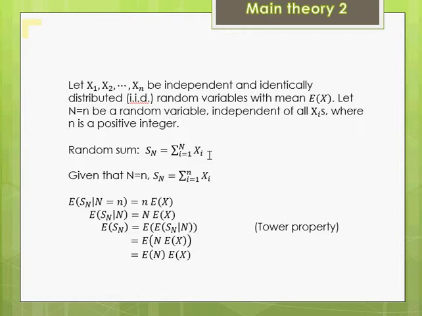Expected value of Sn given N equal to small n is equal to small n times E of x. Replacing the value of small n by the random variable N, we have the conditional expectation of Sn given N. By the Tower property, we can take expectations with respect to N. Eventually, the unconditional expectation of Sn is equal to the product of the expectation of N and the expectation of x.